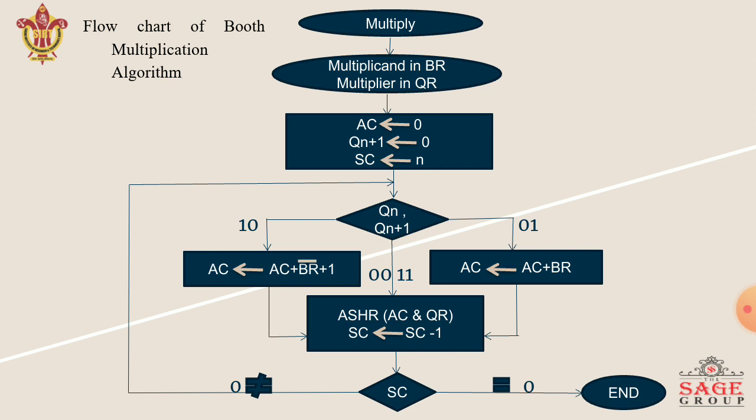If the value is not equal to 0, then the procedure starts again by checking the value of Qn and Qn plus 1. If the value of SC is equal to 0, the algorithm is finished, and the output of the algorithm is stored in AC and QR.